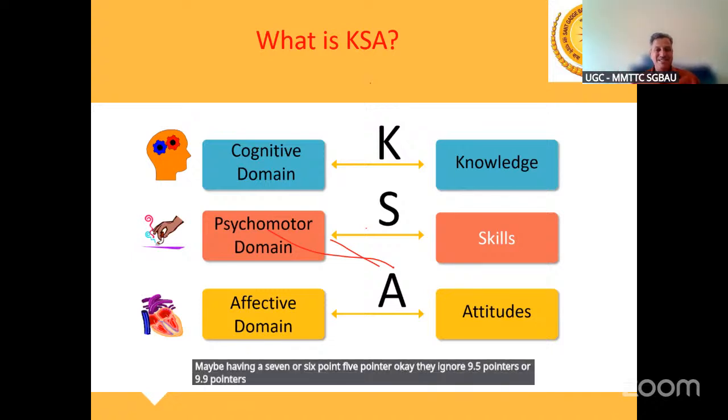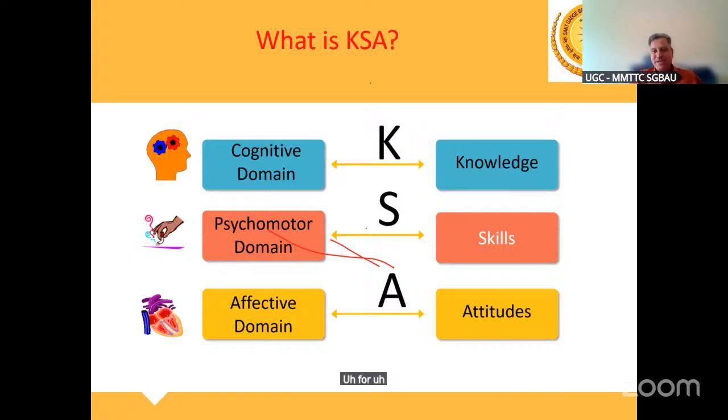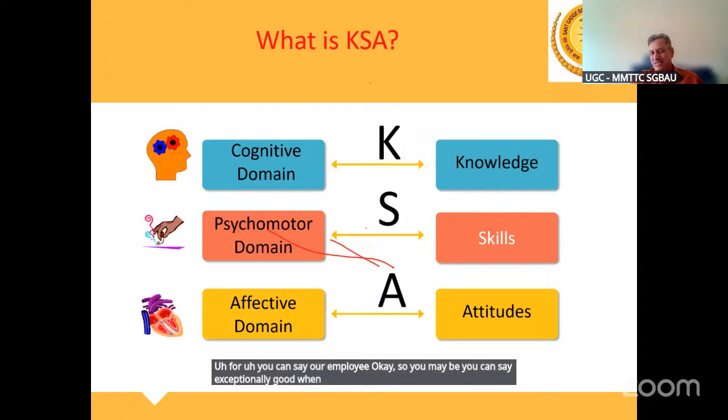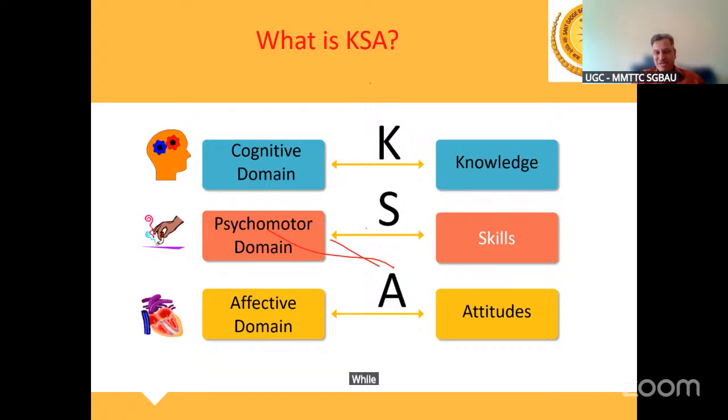If you ask them, they will answer, sir, the student is very good as far as technical knowledge is concerned, but he is not a good fit when it comes to the work culture and working in a team, and the attributes we require for our employee. So you may be exceptionally good when it comes to knowledge, but while applying that knowledge, while interacting with the customer, while dealing with teammates, you have some attitudinal problem.